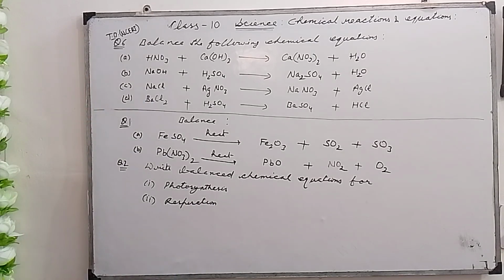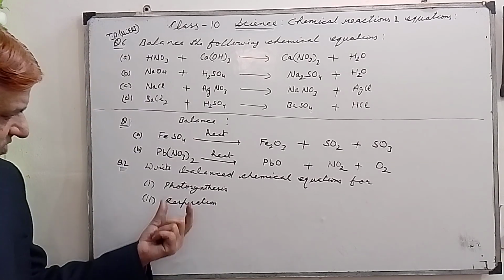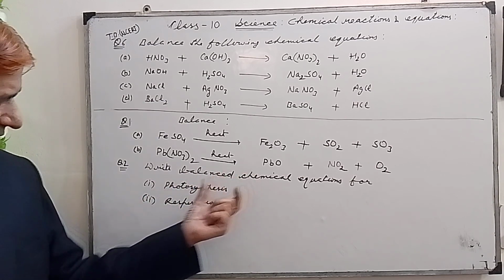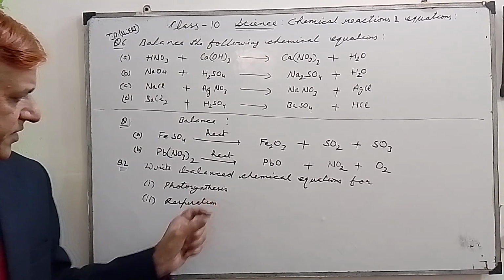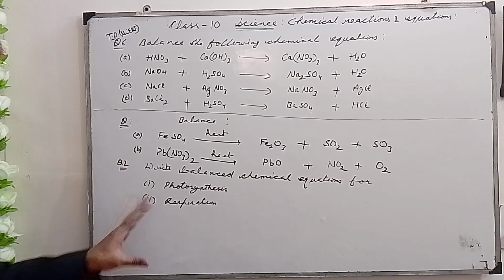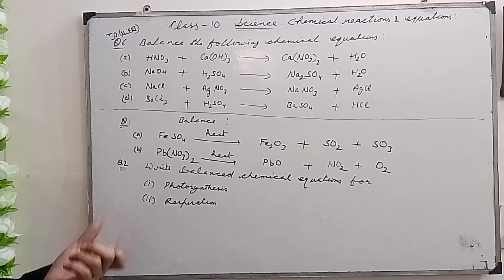You know very well, my dear students, photosynthesis and respiration are actually chemical reactions. So you have to write the actual equations involved and you have to balance them. So these are questions for you for practice.